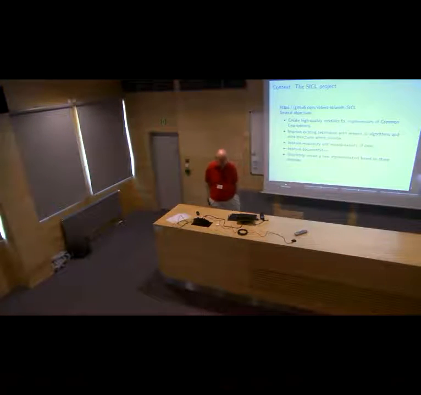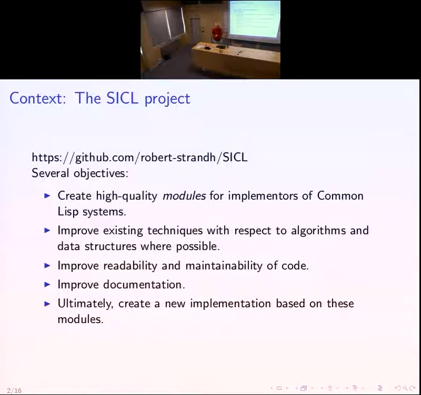And such modules exist, and I wanted to improve the techniques with respect to algorithms and data structure whenever possible. I also wanted to use a more modern, more maintainable coding technique. I wanted to improve documentation and ultimately take these modules and create a new, modern implementation of Common Lisp, if you want.